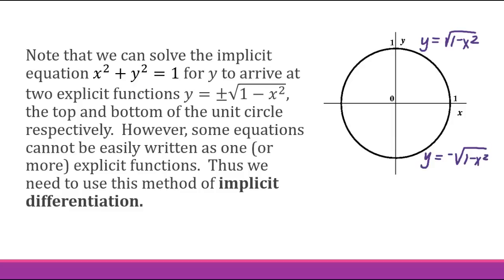So the top part of the circle would be a function, the bottom part of the circle would be a function. But some equations cannot easily be written as one or more explicit functions. So thus we need to use this method of implicit differentiation.